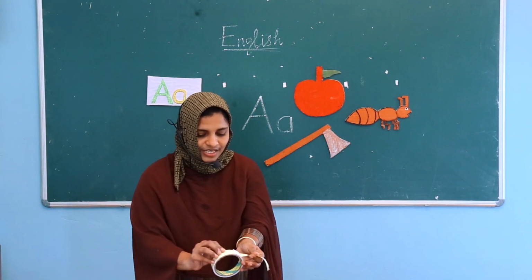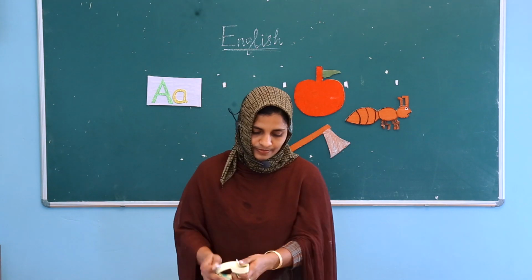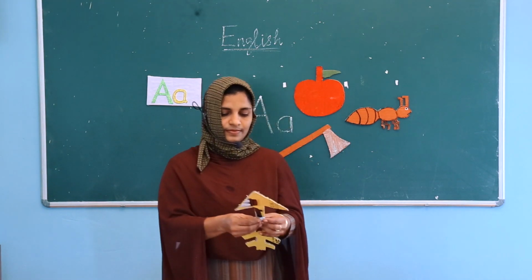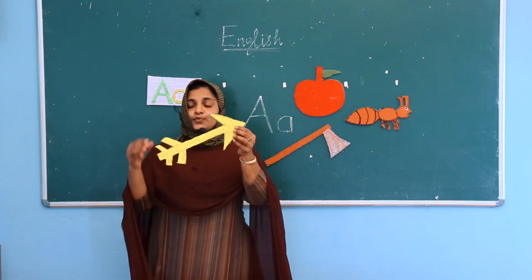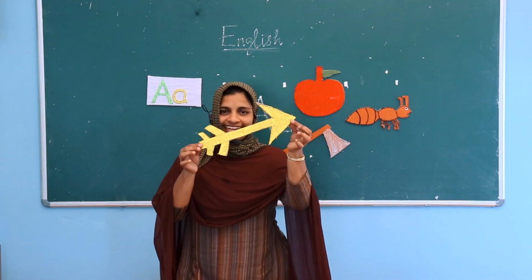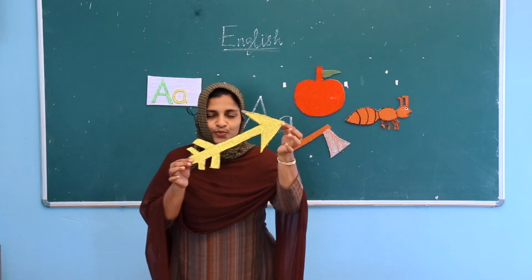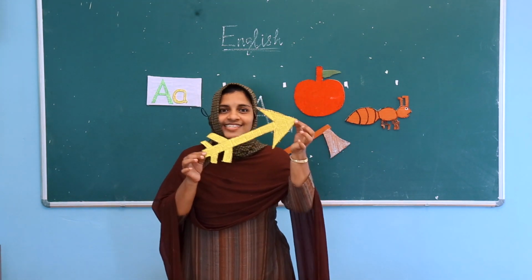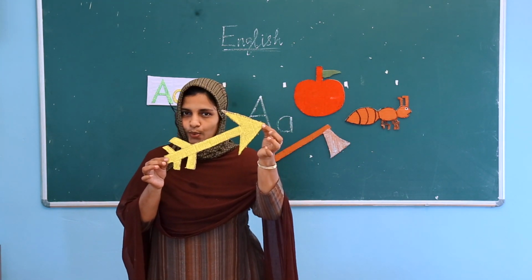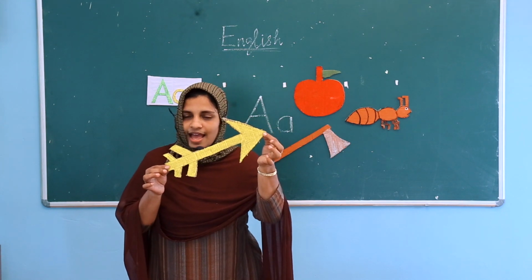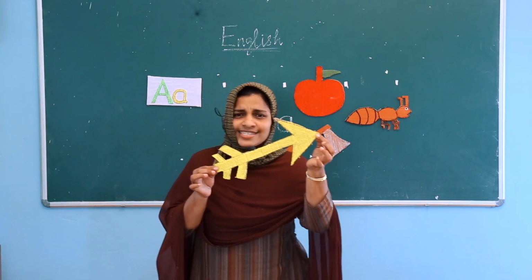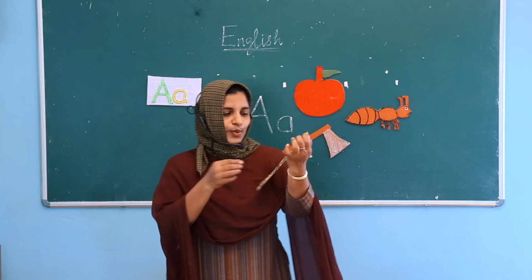Then the next one. What is this? This is an arrow. Say aloud. Arrow.